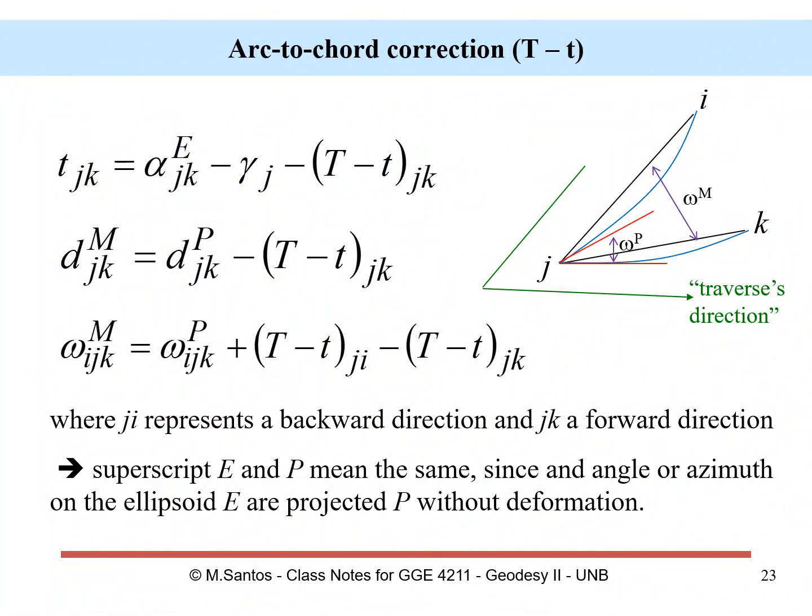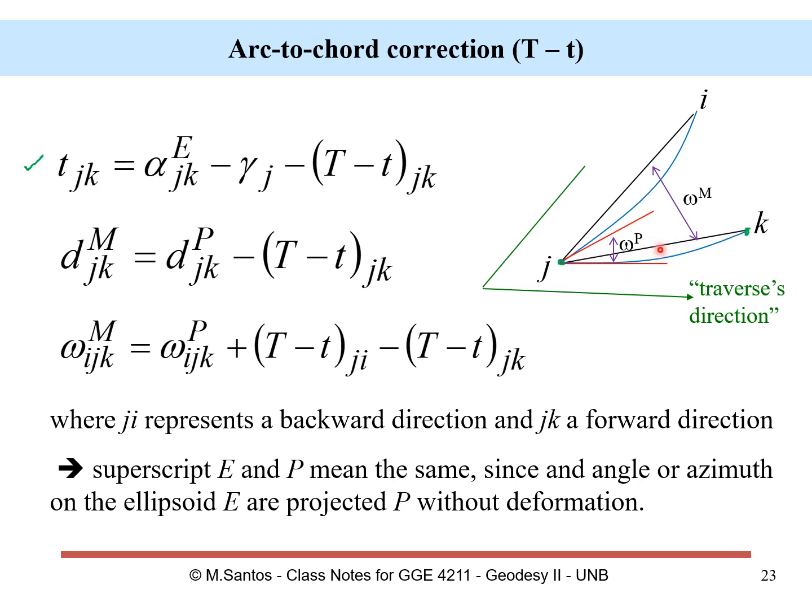What about directions? Directions and angles. The grid azimuth we have just seen, this is the expression. What if we're measuring a direction from J to K? The direction on the reference ellipsoid follows the projected geodesic. But on the mapping plane, the direction has to follow the shortest distance, which is a straight line.